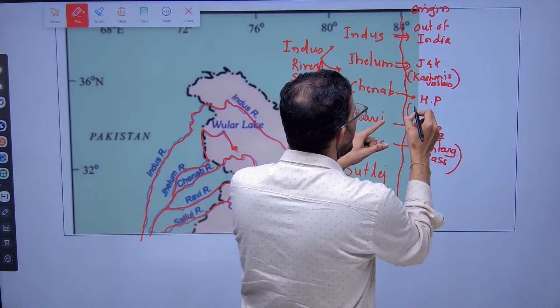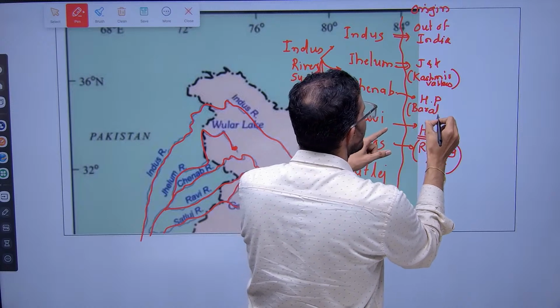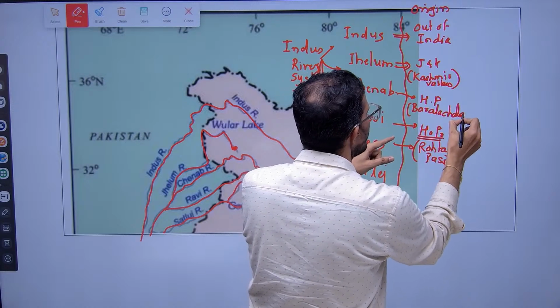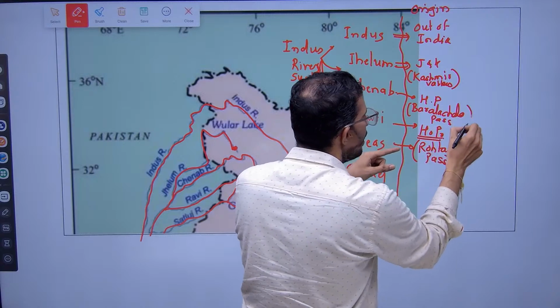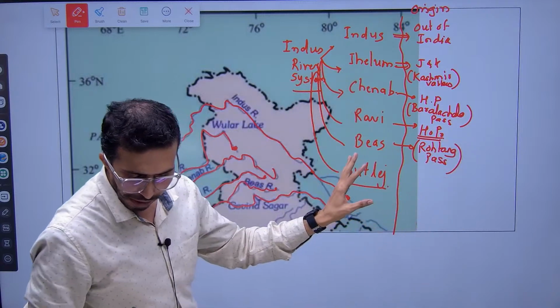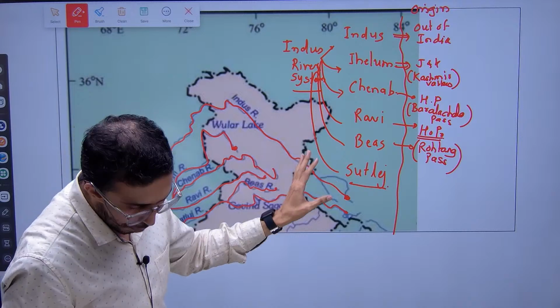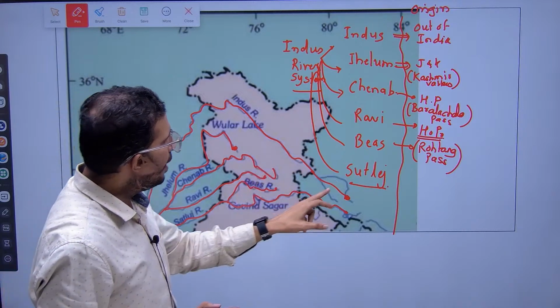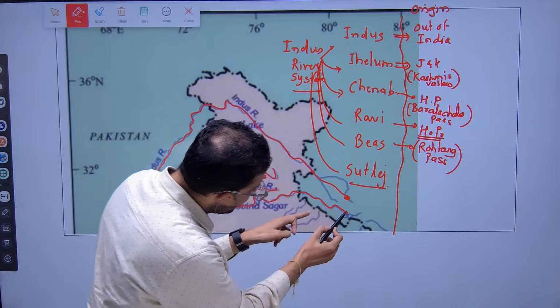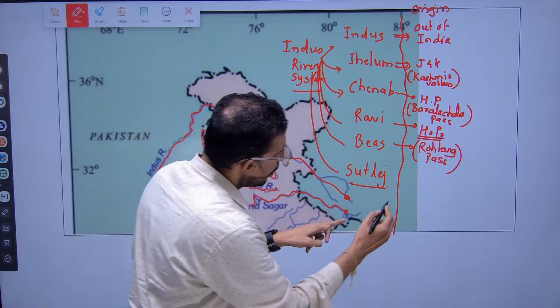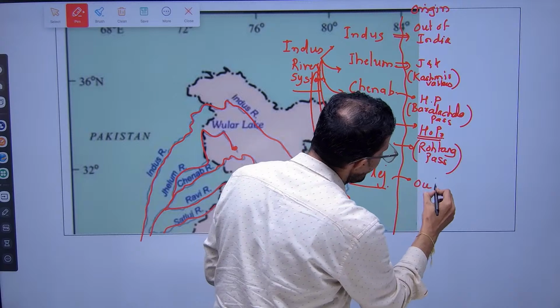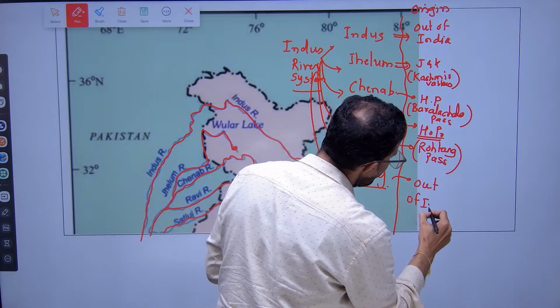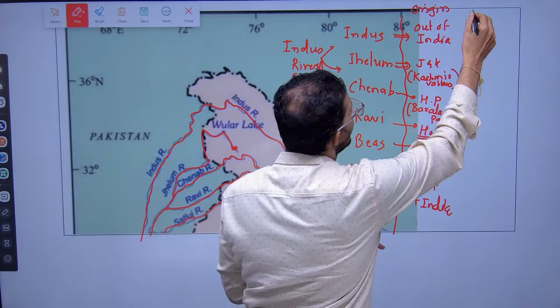Chenab, near Baralacha La Pass. I hope you are writing down with me, because this framework will give you better understanding. Then the Satluj river originates over here. So Satluj is again out of India.